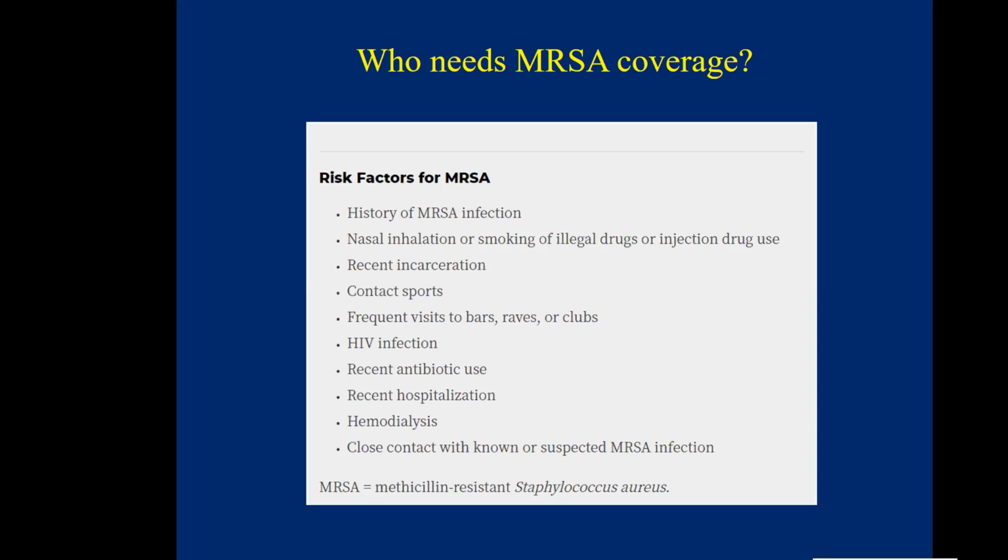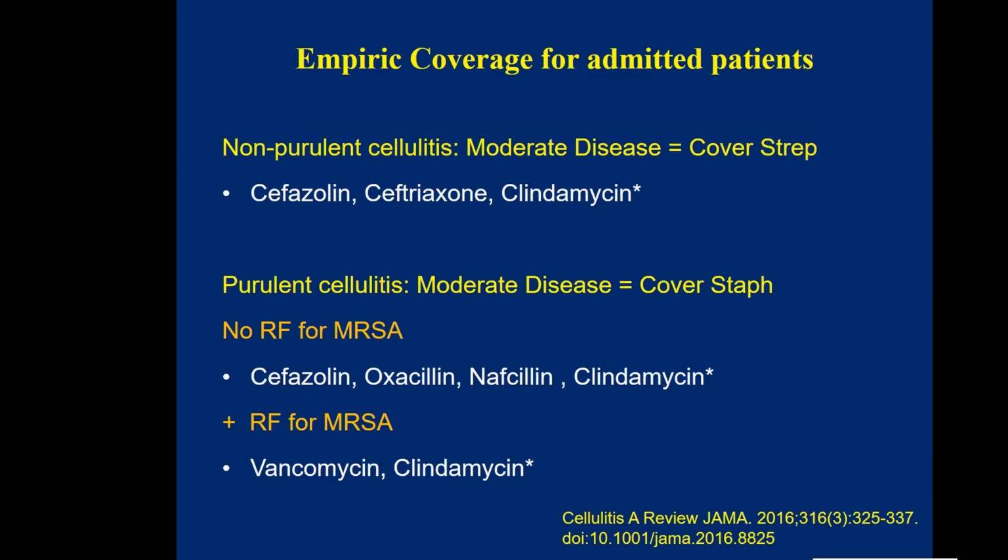So pretty much everyone in New York. HIV infection, recent antibiotic use, recent hospitalization, hemodialysis, and close contact with known and suspected MRSA infection. Yep. So this is from a really good review, and I'll send it to the chief so you can distribute it.